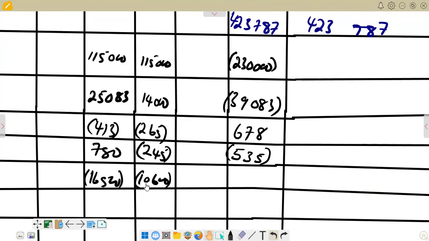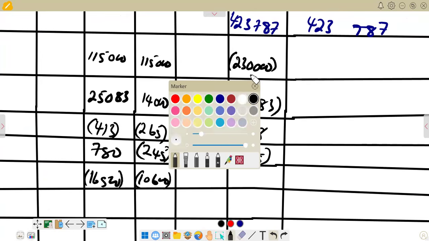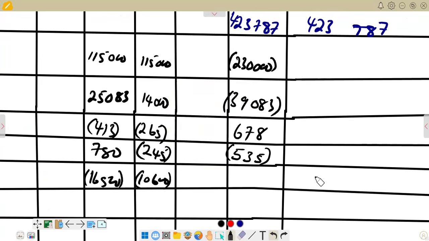So if you say 16,500 plus 10,600, you're going to get 27,100. And that total, you're supposed to put it there in the total equity column, 27,100, and show it as a negative again, because drawings reduce the balance for equity.